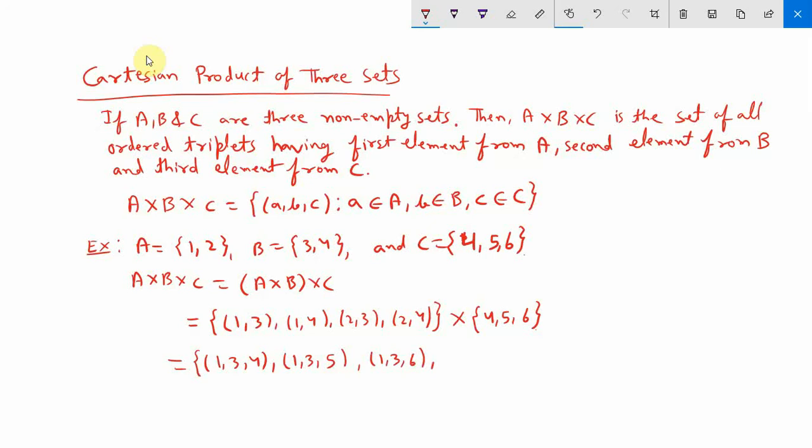Next, we will consider the second ordered pair of A × B, that is (1, 4), and we will make triplets with each element of C. So it will be (1, 4, 4), (1, 4, 5), then (1, 4, 6). Okay. Next, we will take (2, 3). So (2, 3, 4), (2, 3, 5), and (2, 3, 6).